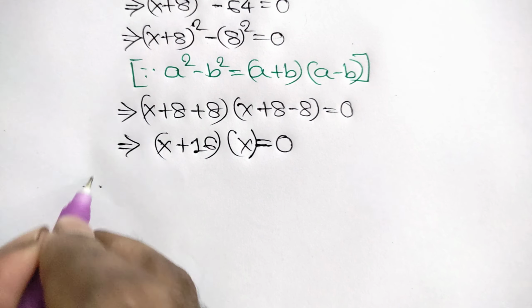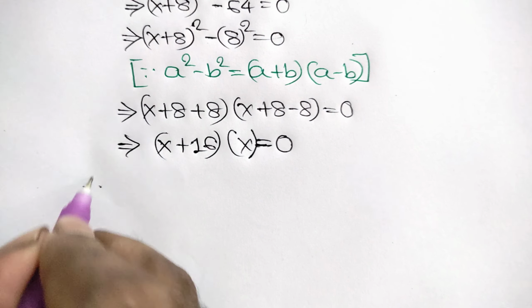Now when x is equal to −16 we can write (−16 + 8)² = 64, or −16 + 8 is −8, (−8)² = 64.